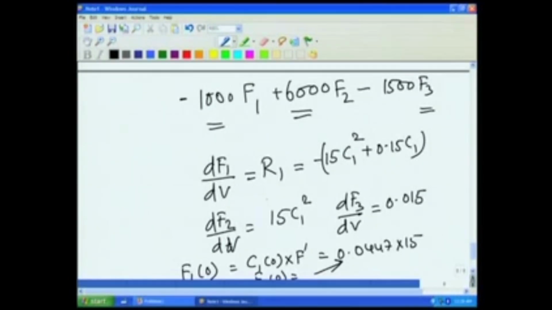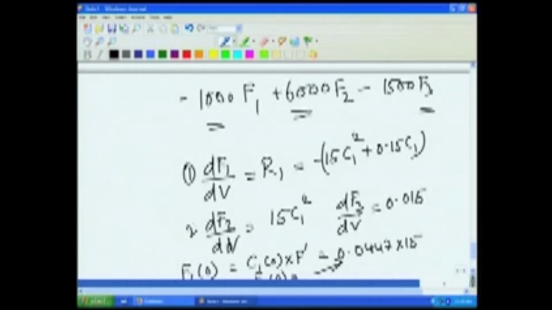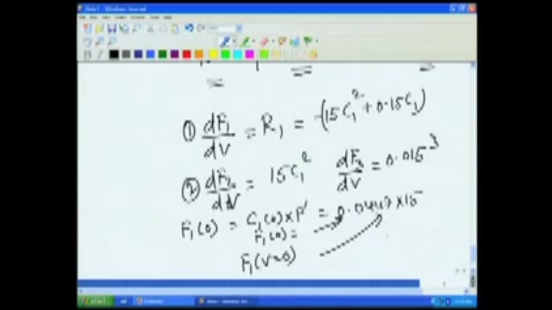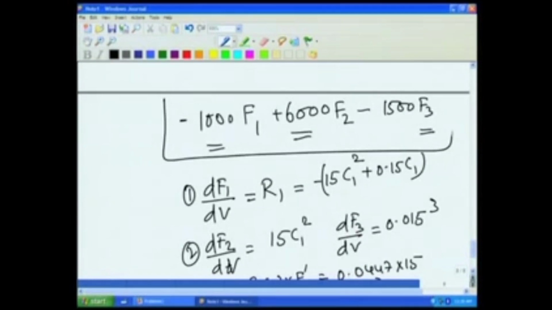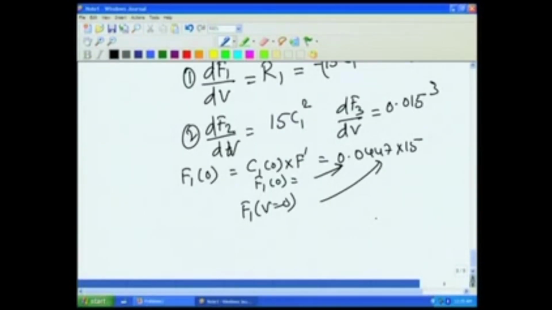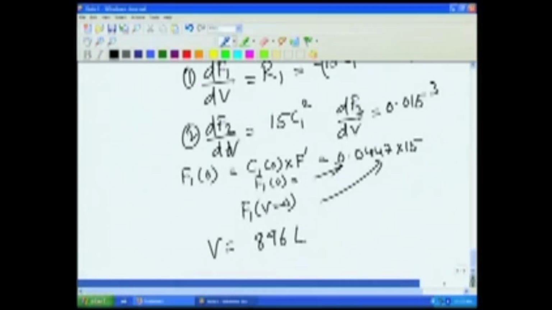So, I can solve these 3 differential equations with the initial condition that F1 at V equal to 0 is this particular value, and then look at how this function behaves, and wherever we get a maximum value, that is the volume that we should be using. And it turns out for this particular problem, that volume, if you try to solve these equations, is 896 liters.